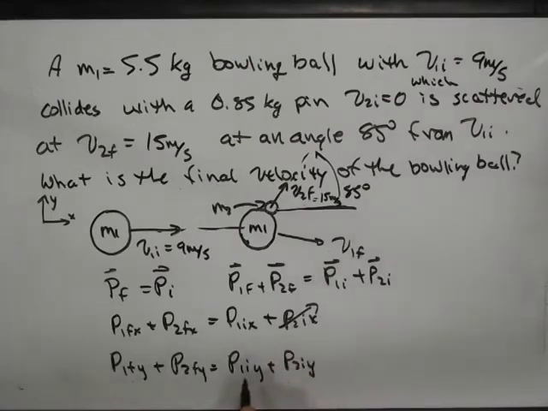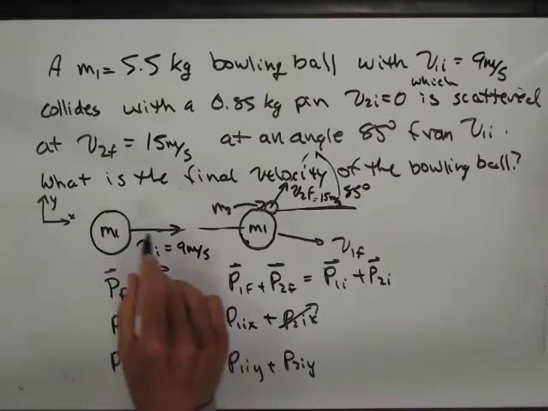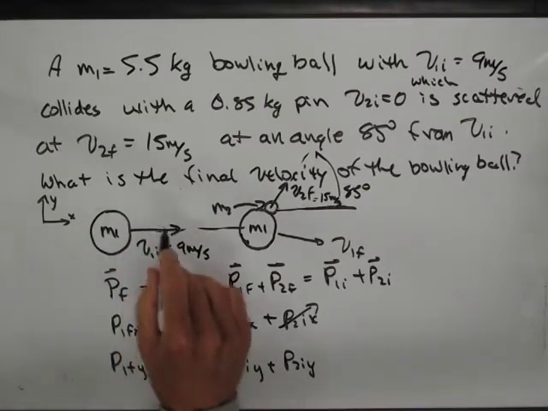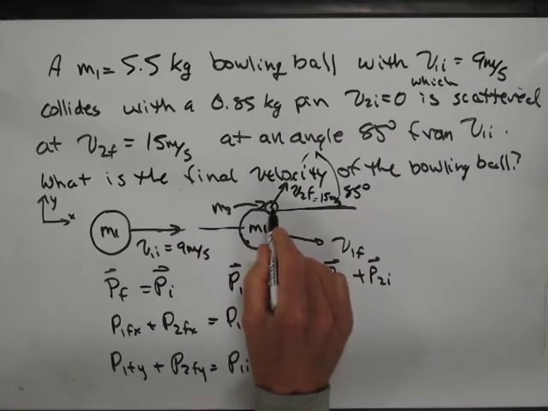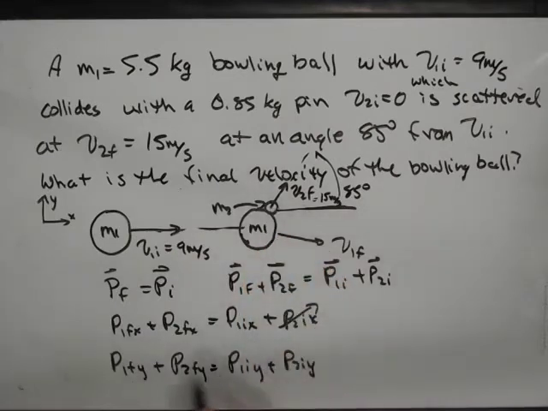Notice both of these are 0, because initially the bowling ball has no velocity in the y direction, and the pin is at rest, so it has no velocity in the y direction. So this is going to give me a pretty simple equation, and we'll just have to see what we learn from these. I'll do this on the next slide.